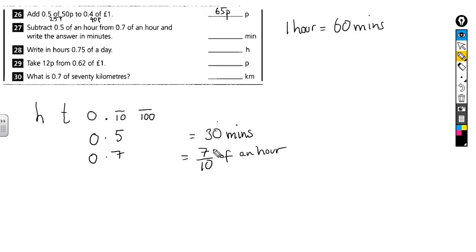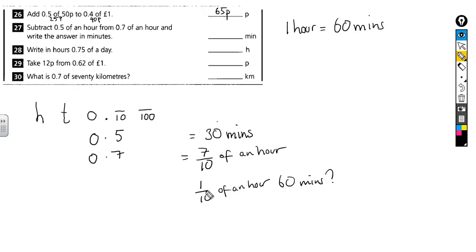Right, to work out what 7/10 of an hour is, I really want to know what 1/10 of an hour is. And an hour is 60 minutes, so I have to divide the 60 minutes by 10.